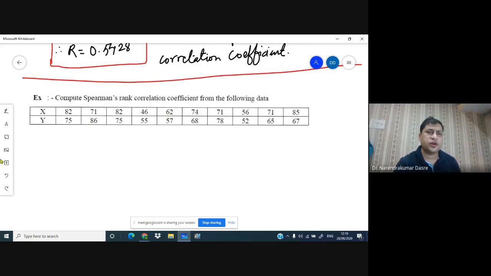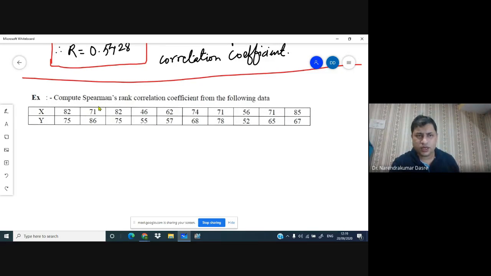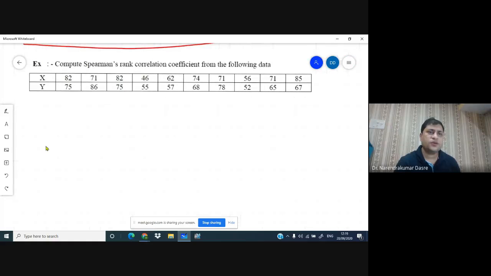So write down this example. Compute the Spearman's rank correlation coefficient from the following data. So we have X data and we have Y data. Okay, so now we have 10 observations here. Now what we have to do is we go with the solution.